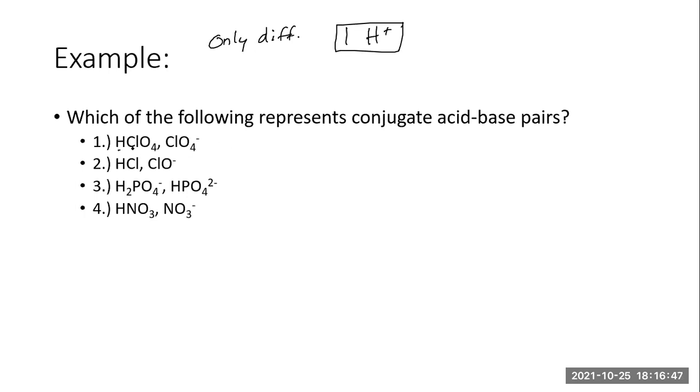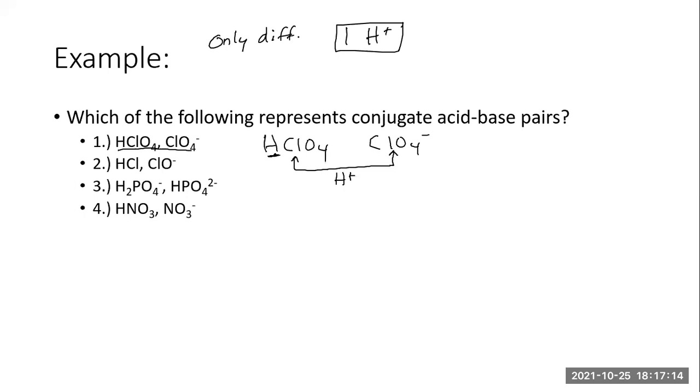So if we look at number 1, for example, we have HClO4 and ClO4 minus. First off, the most important thing we want to look at is, are they related to each other? And it does look like they're related to each other. And what is the difference between these two? If we look, the difference between these two is just 1 H+. You can see that by taking away the H+ here.